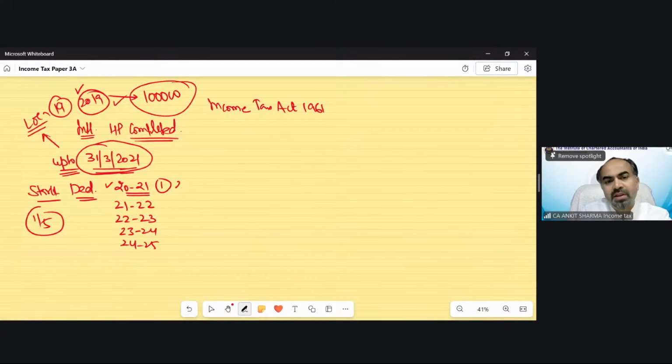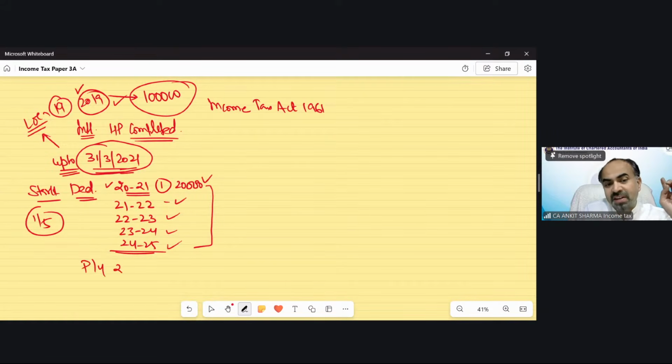Then 20,000 out of this 1 lakh must have been claimed in 20-21, then 21-22, then 22-23, 23-24, 24-25. So we must have claimed the full deduction of rupees 1 lakh up to 31st March 25.